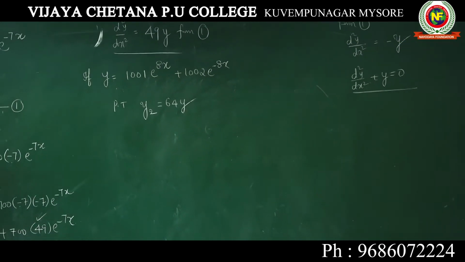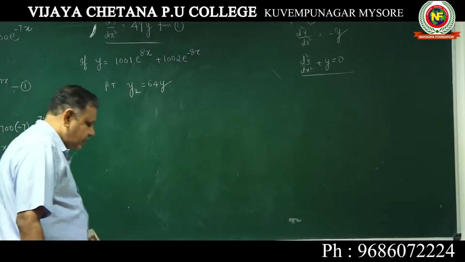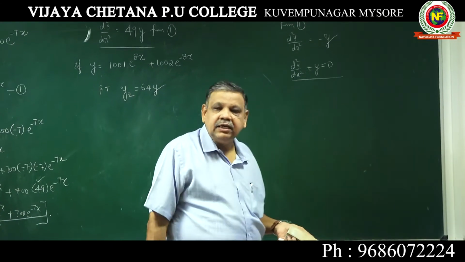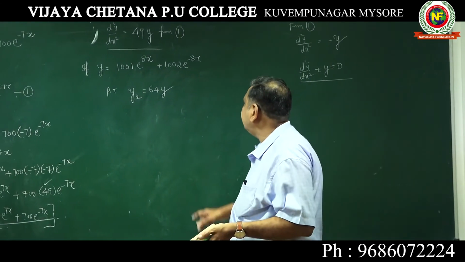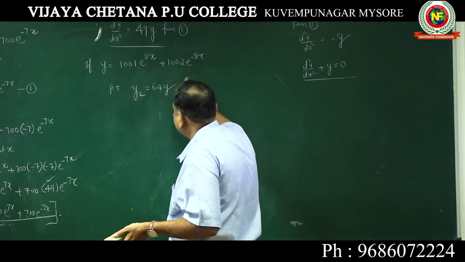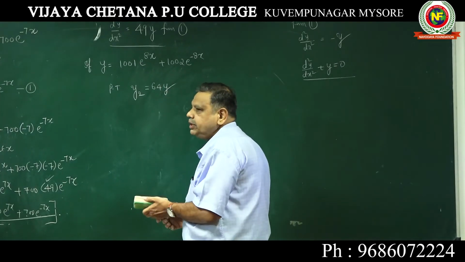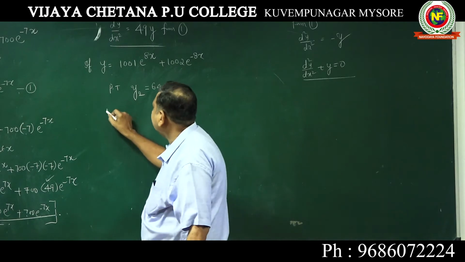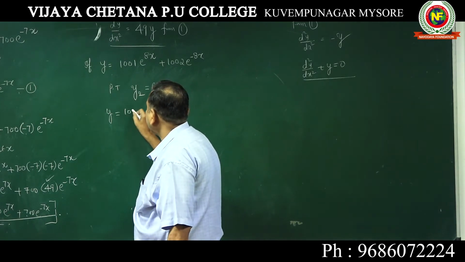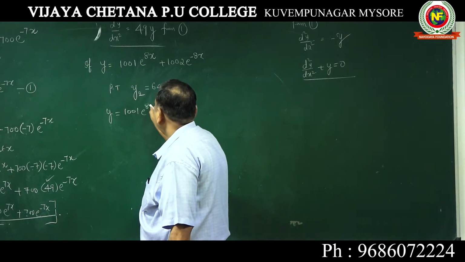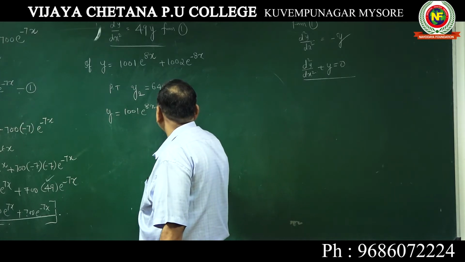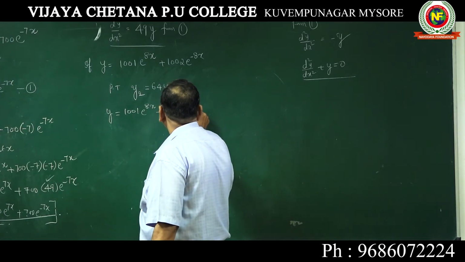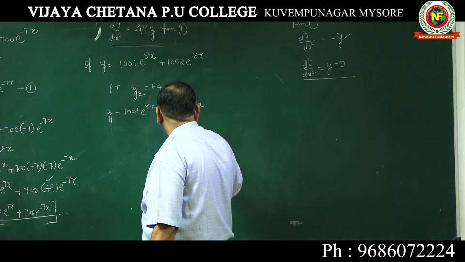Very important question: if y is equal to 1001 e to the power of 8x plus 1002 e to the power of minus 8x, prove that y2 is equal to 64y. Now take this, y is equal to 1001 e to the power of 8x plus 1002 e to the power of minus 8x.